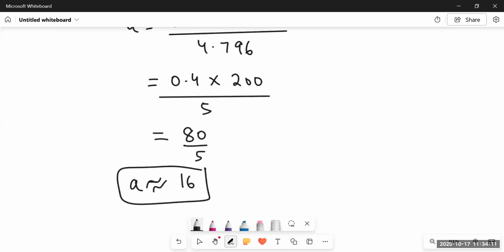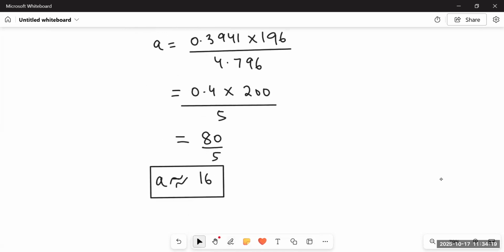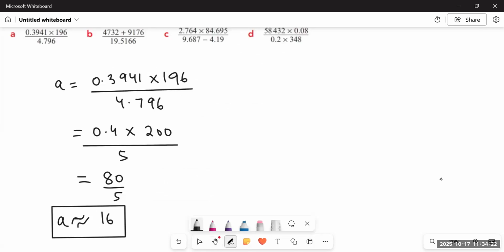Now let's use the calculator to figure out what would be the accurate answer. For this, we simply have to multiply 0.3941 with 196, which gives us 77.2436, and then we will divide it with 4.796.